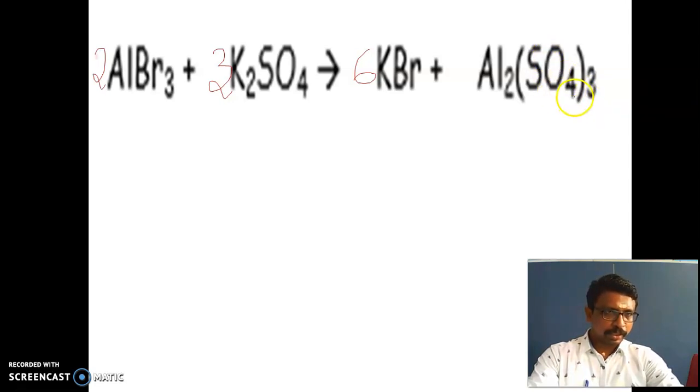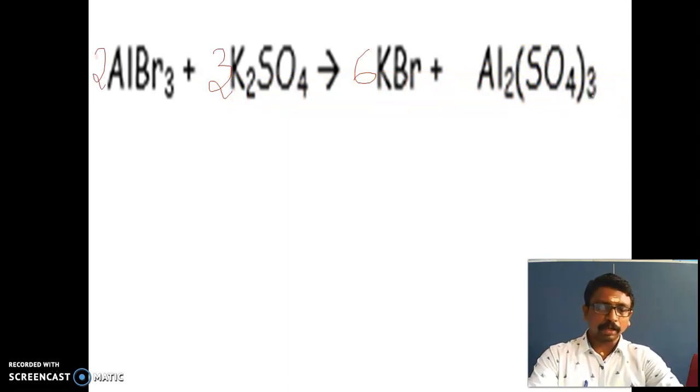The oxygen contains 12 number of atoms. The sulfur contains 3 number of atoms. So here also the sulfur contains how many number of atoms, children? 3. So here also the sulfur contains 3 number of atoms.